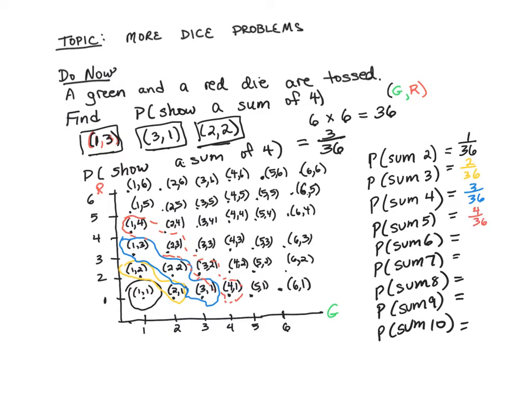A sum of 6 would be the next diagonal, so we have 1, 2, 3, 4, 5 out of 36. A sum of 7 would be the next diagonal, so we see a pattern emerging here.